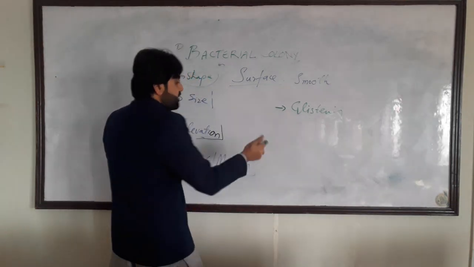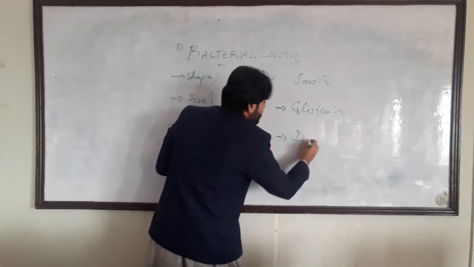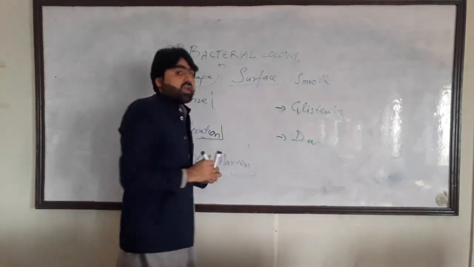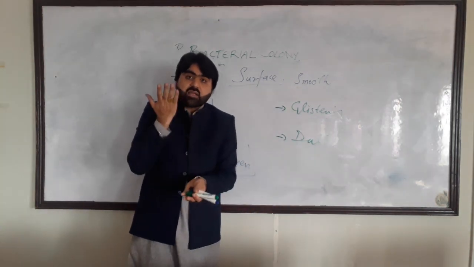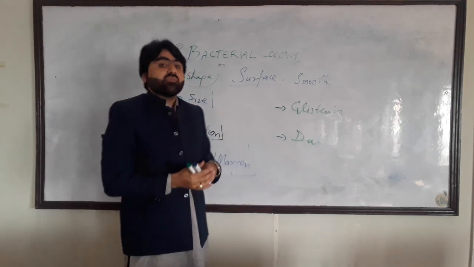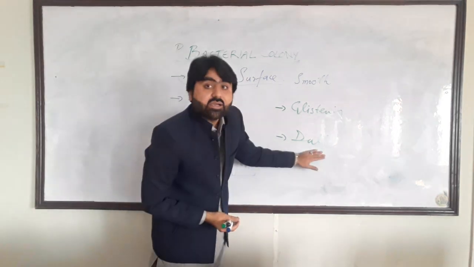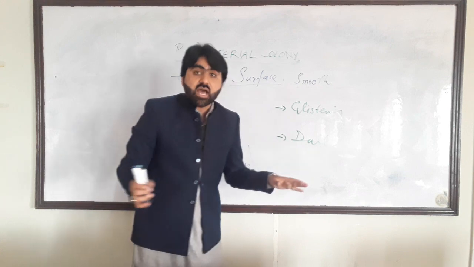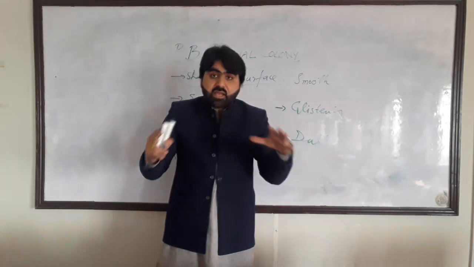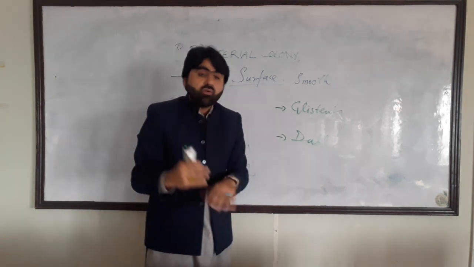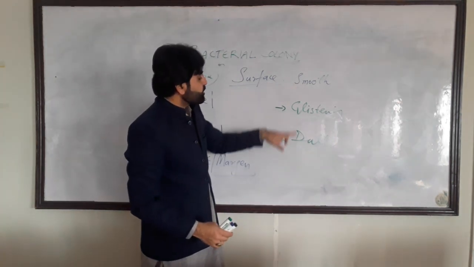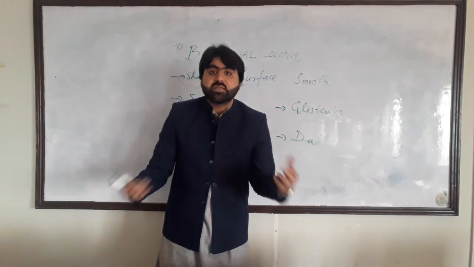Or if you have a surface which is opposite to glistening, meaning there is no shine, there is no sparkling of light from the colony, then you say that they are dull colonies. So these are the most common appearances or surfaces of the bacterial colony you can find on your plate. One is smooth, glistening or dull.